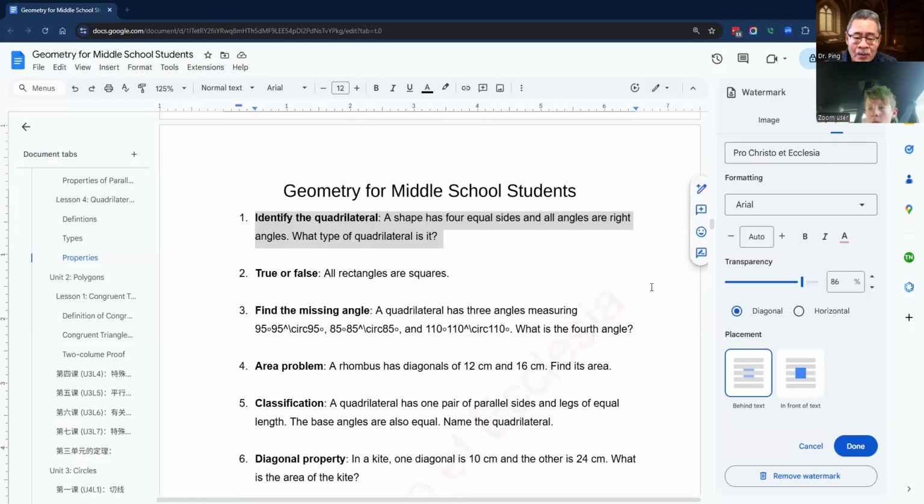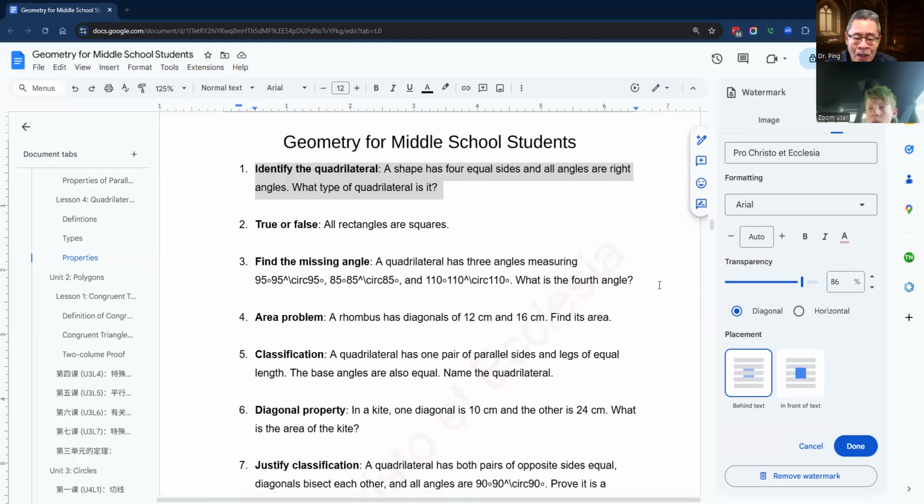Okay. So the first one: a shape has four equal sides and all angles are right angles. What type of quadrilateral is it? Think about that. Four equal sides and all angles are right. What type of quadrilateral is it?